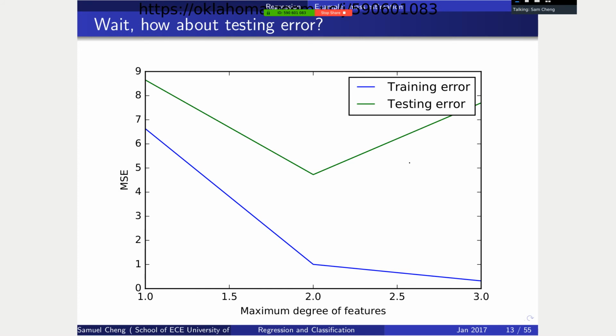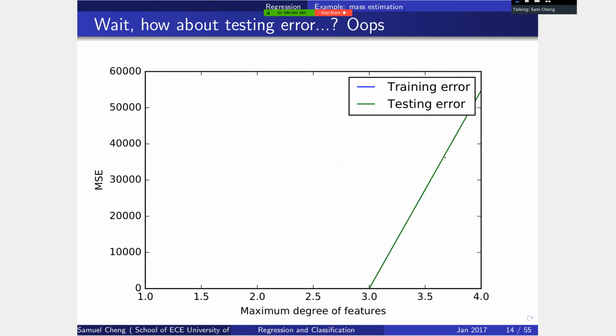When I first expand the number of parameters from 4 to 10, I do get a drop in both training and testing error, but after that my testing error just goes up. It goes up drastically, from 3 to 4 it's totally out of track.